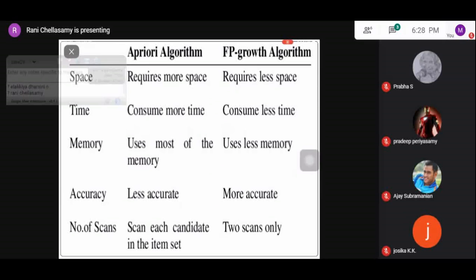The number of scans in the Apriori algorithm: there should be a scan for each candidate in the item set, so multiple scans are followed in Apriori, whereas in FP growth you have only 2 scans.